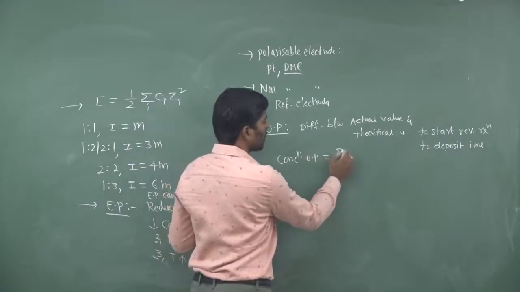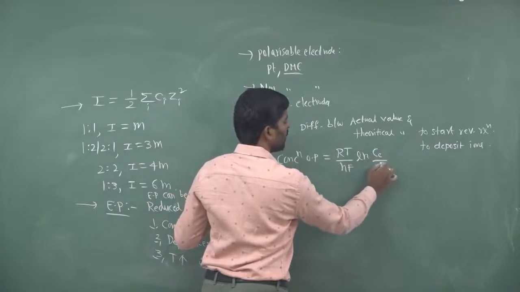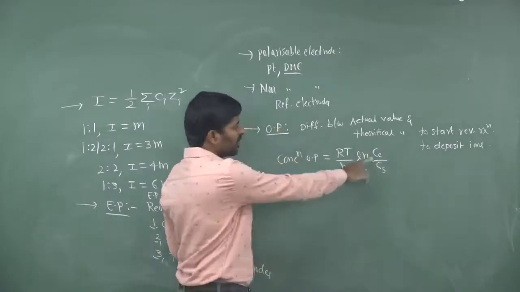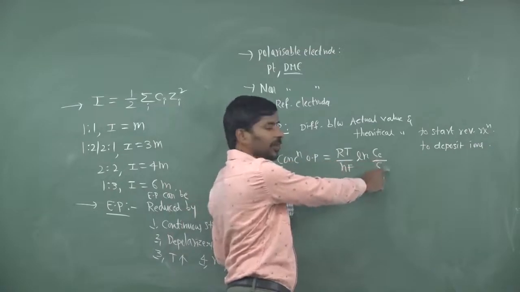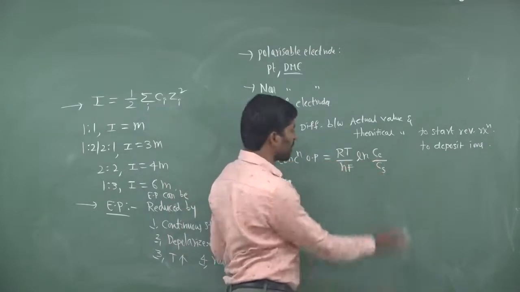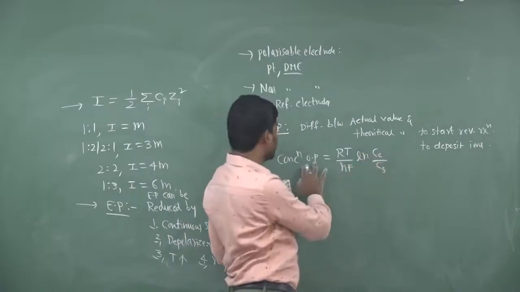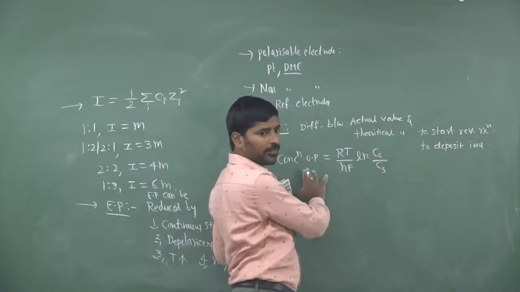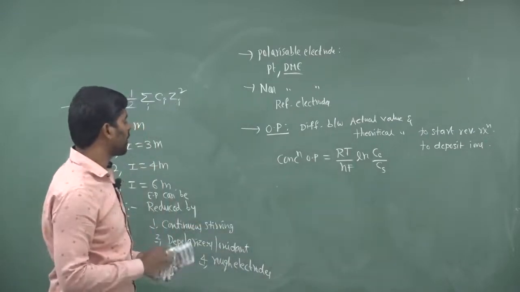What is the formula for concentration overpotential? RT by nF ln CE by CS, where CE is the concentration of ions at the electrode surface and CS is the concentration of ions in the bulk solution. If the concentrations are the same, no concentration gradient is developed, and in such a case concentration overpotential is not observed.